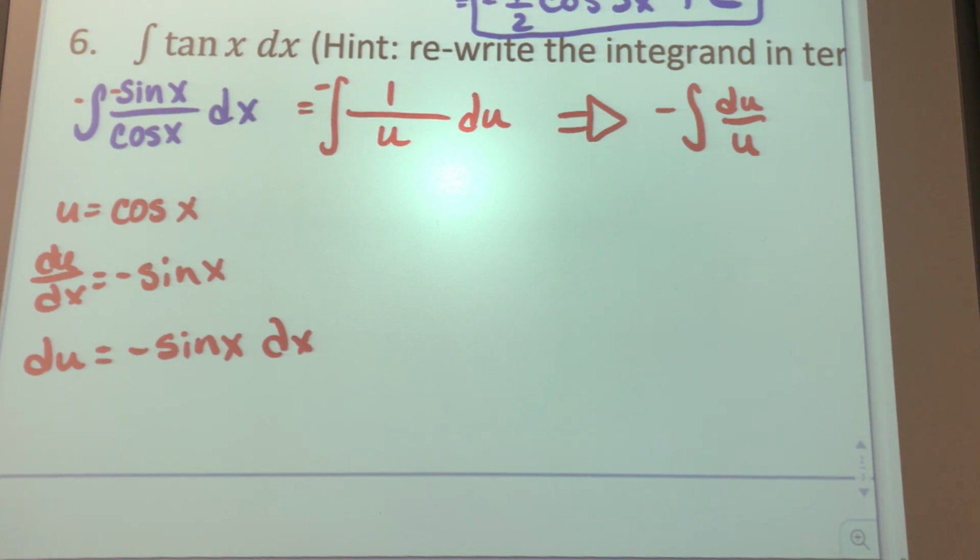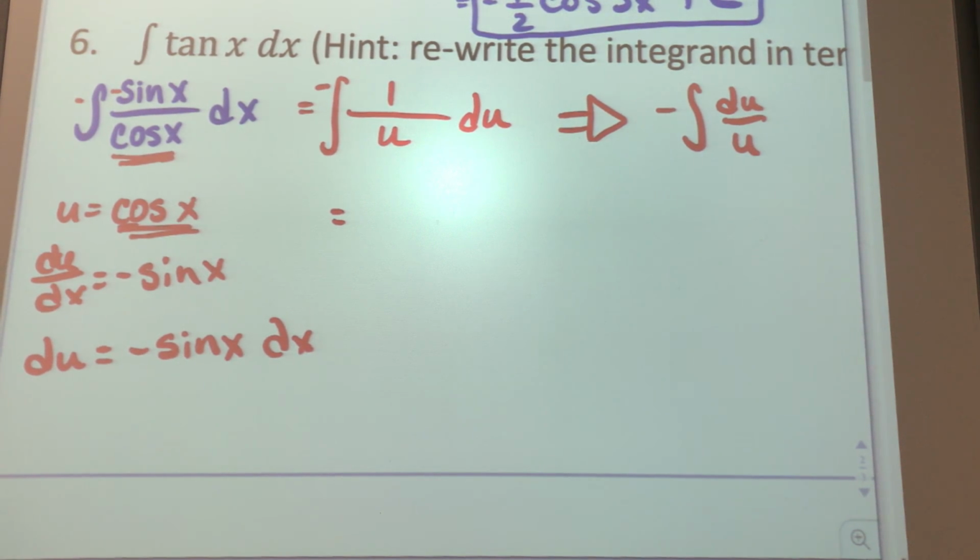It doesn't matter to me which way you do it. To me, to do the next step, it kind of makes a little more sense to write it the first way I wrote it, but figure out which way makes more sense to you. But I just replaced cosine of x with u because that is what u is.